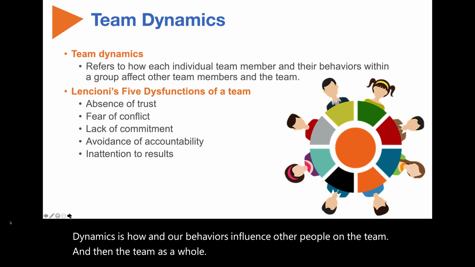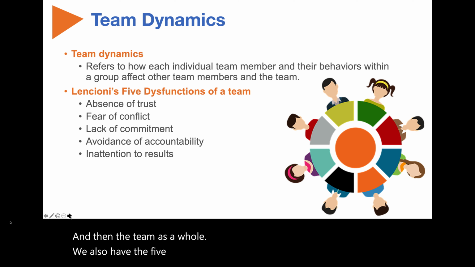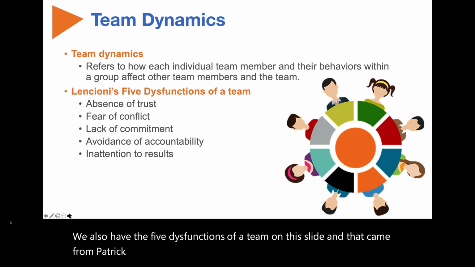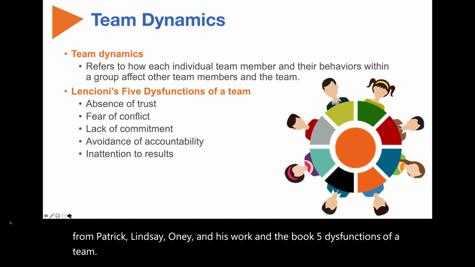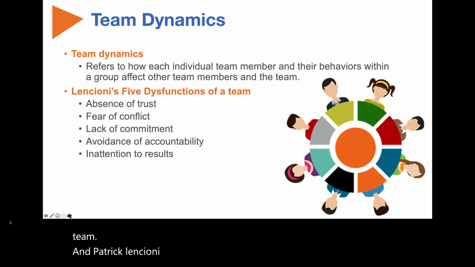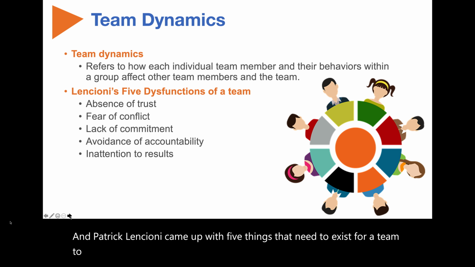We also have the 5 dysfunctions of a team on this slide, and that came from Patrick Lencioni and his work and the book Five Dysfunctions of a Team. Patrick Lencioni came up with 5 things that need to exist for a team to be productive and to work well.